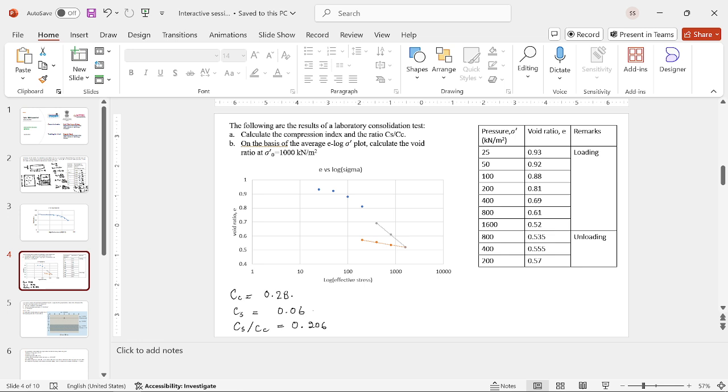Let's take sigma naught at 1000. We need to calculate this thing here. Void ratio at sigma naught is equal to, which means that we have loaded here and at 1000 we will unload.